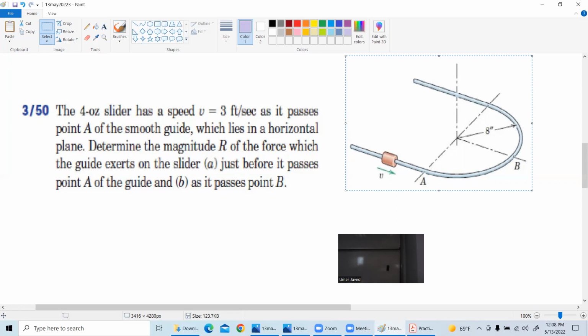The moment it passes point A, it is a circular path. Then definitely it will slow it down.